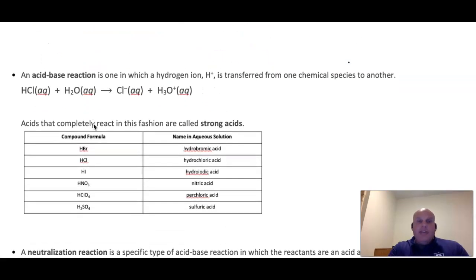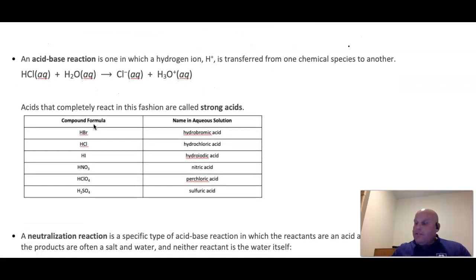The other type of reaction we're going to talk about in this first part of the 7.2 video are acid-base reactions. Acid-base reactions happen when a hydrogen, H+, ion is transferred. We know from our naming of acids that an acid is anything that has an H+ to start. So you can see I've listed here the strong acids.